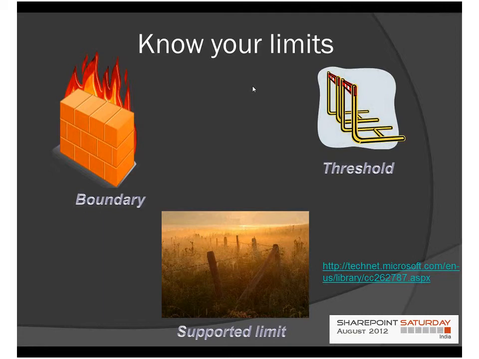Talk to the business stakeholders and figure out how much it will grow in the next, at least, 5 years, and based on that, try to match it to the boundary limits specified.